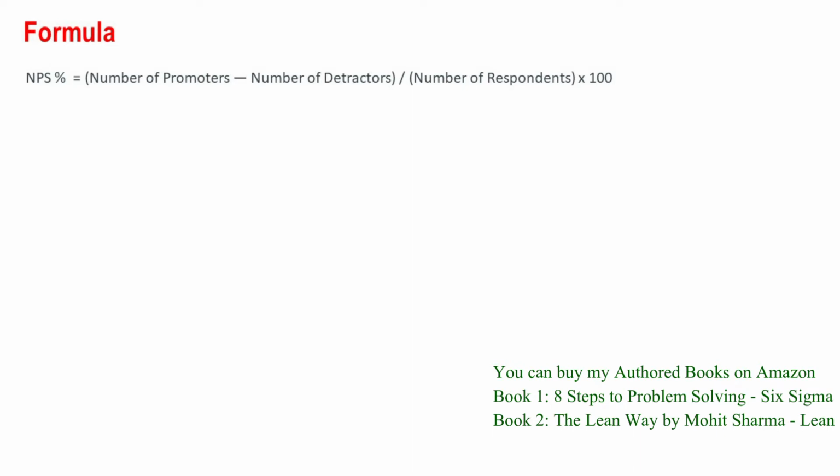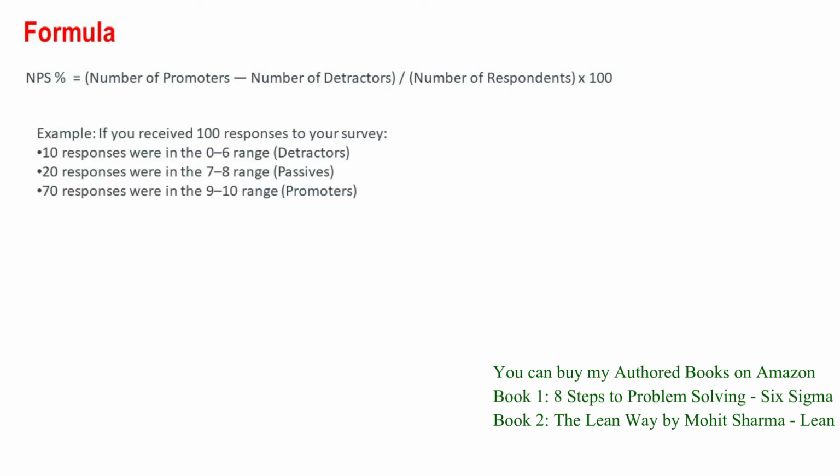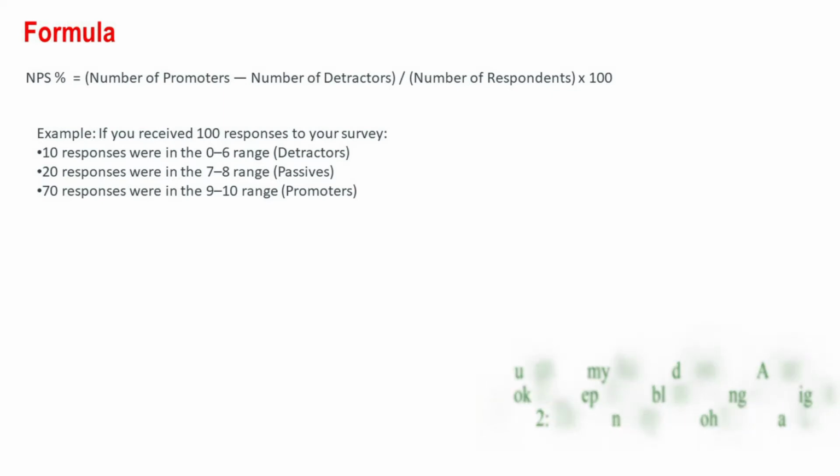Let us take an example to understand this better. If we have received 100 responses to our survey, 10 responses were in the range from 0 to 6, they are called detractors. 20 responses were in the range of 7 to 8, they are known as passives, and 70 responses were in the range from 9 to 10, they are called promoters.